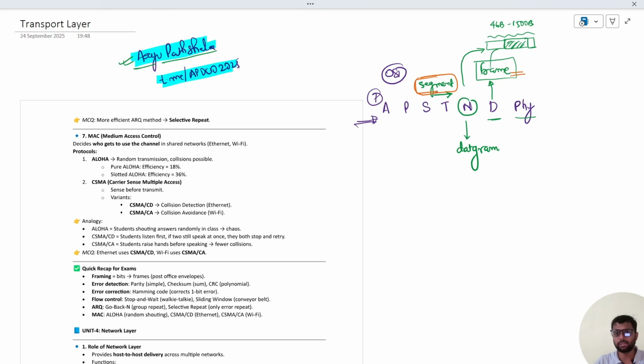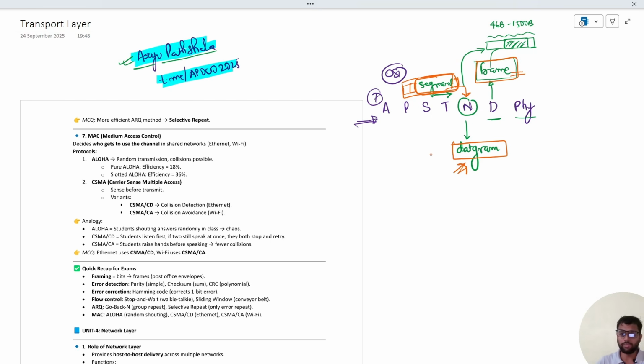After some addition of bits in the form of header and footer, this entire segment is handed over to the network layer for transmission. So this entire unit is known as the datagram in the network layer. So whenever we say datagram, it means we are at the network layer. And whenever we talk about frame, it means we are at the data link layer.